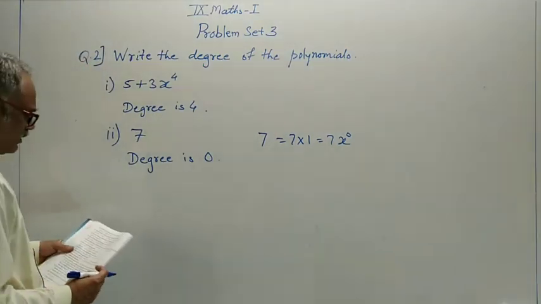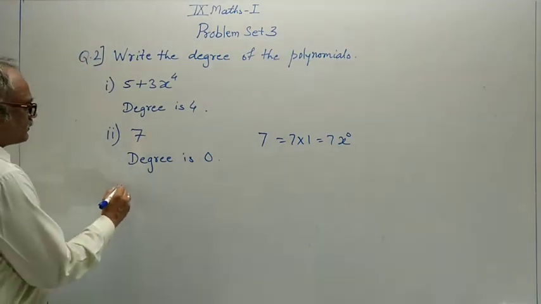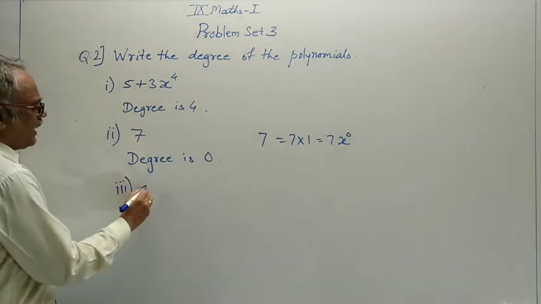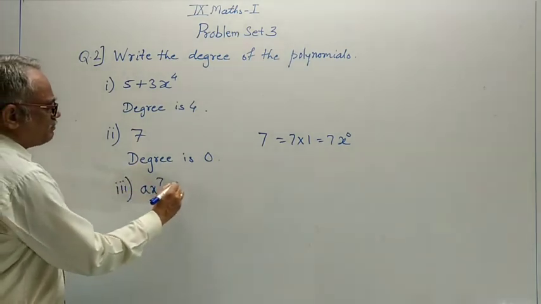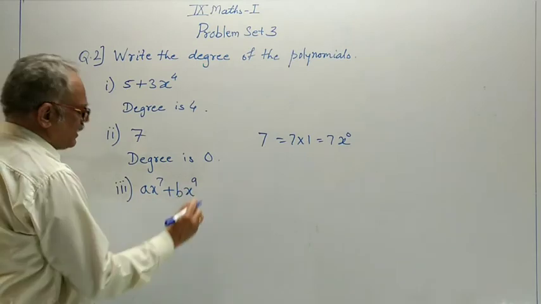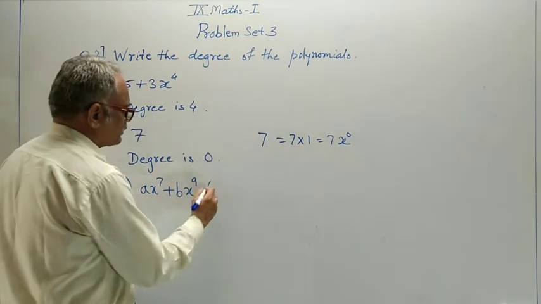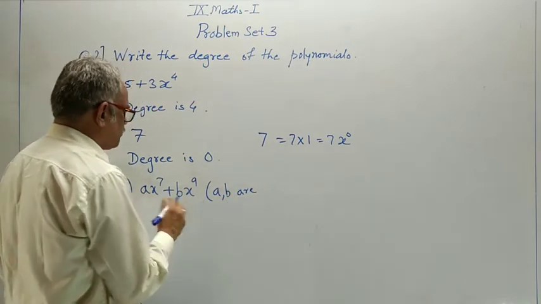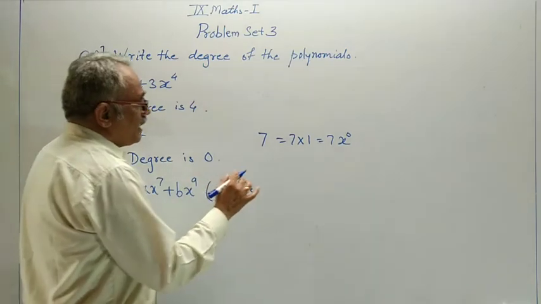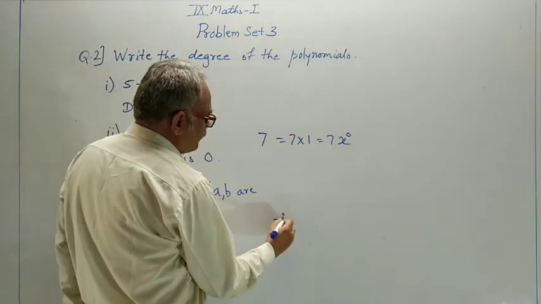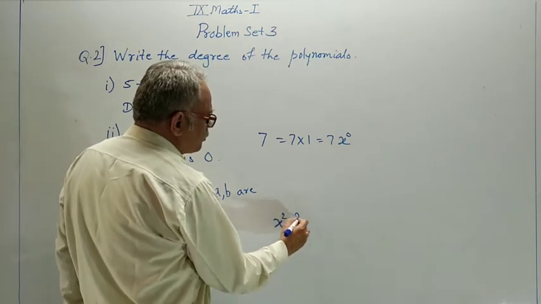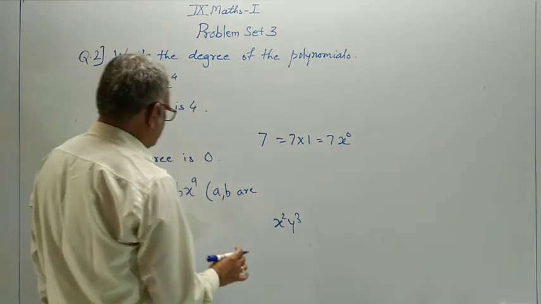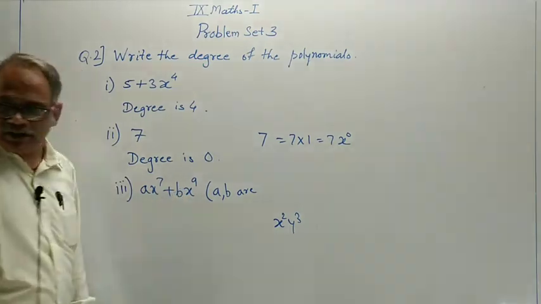The third, a x raised to 7 plus b x raised to 9, where a, b are constants. A, b are not variables, a, b are constants. So don't multiply. If it is x square y cube, then the degree of this will come 2 plus 3, 5 because both are variables. But here a is a constant, b is a constant.